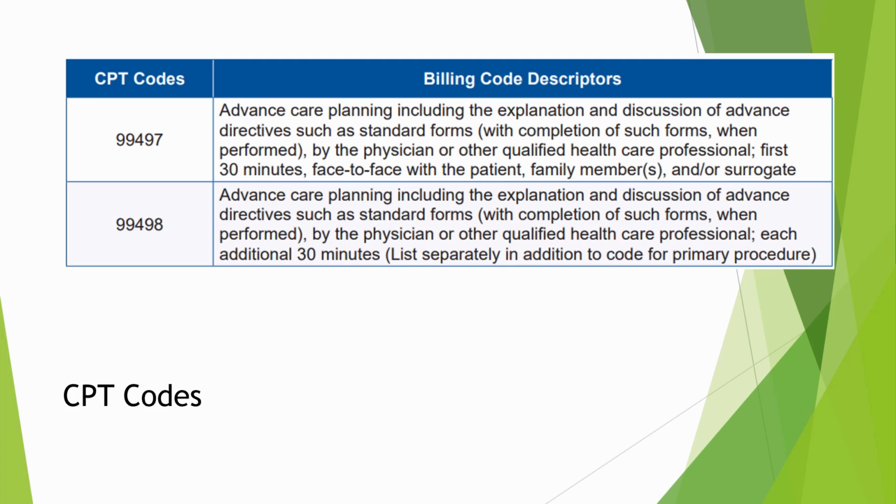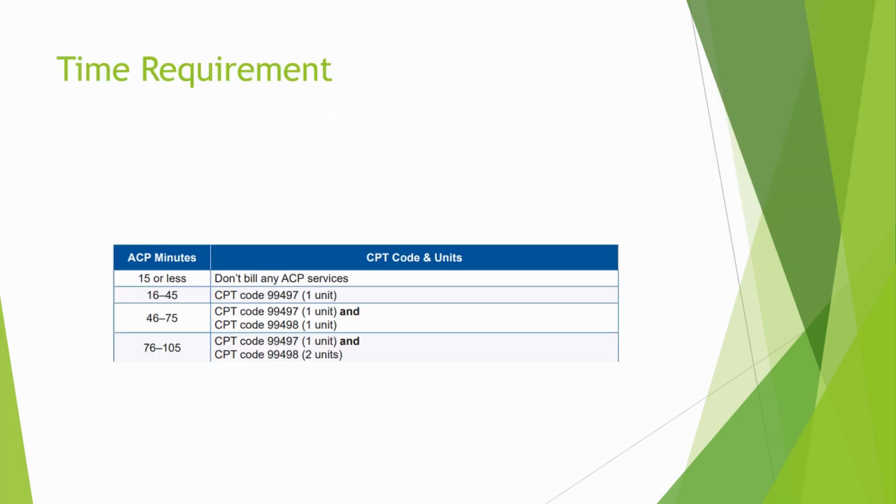Let's take a look at the times required for advanced care planning. So time for advanced care planning follows the CPT midpoint rule. And Medicare has this lovely little chart that shows you exactly how much time is needed to bill for advanced care planning codes. So if it's less than 15 minutes, then it's just included in the E&M, and you can't bill one of these advanced care planning CPT codes.